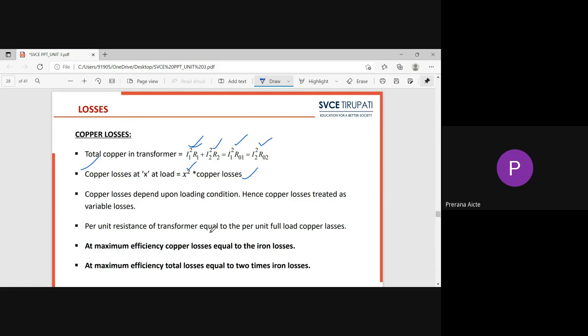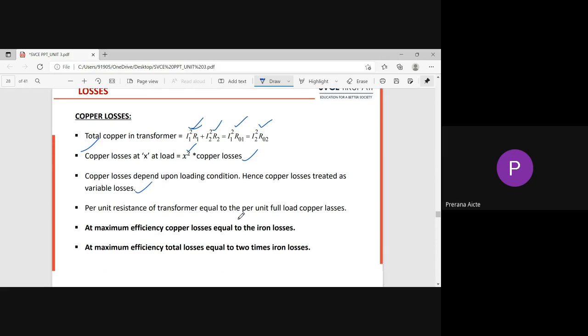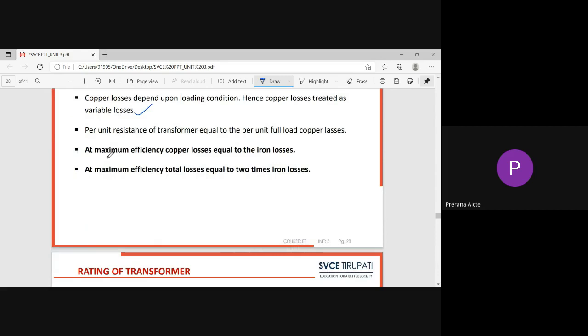When load increases, load current increases. Based on this load change, the copper loss also changes. For that reason, these losses are variable losses. The maximum efficiency occurs when copper losses are equal to iron losses.